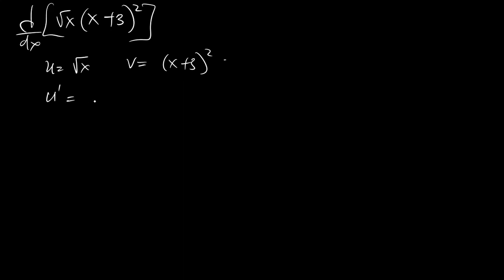So u prime will now be, but before we do that, you know that u is the same thing as x raised to power 1 over 2. So using the power rule, you have 1 over 2 x raised to power 1 over 2 minus 1, which is minus half.